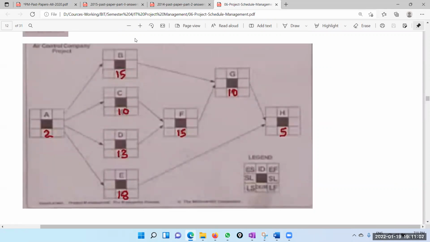That means A must be finished for B to start, and for C, D and E to start. C and D must be finished for F to start, and B and F must be finished for G to start according to this diagram. And G and E must be finished for H to start. Let's assume that they have given that.